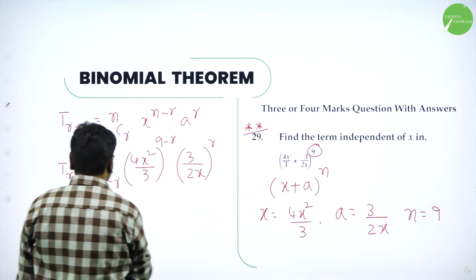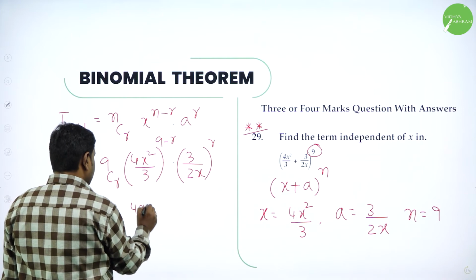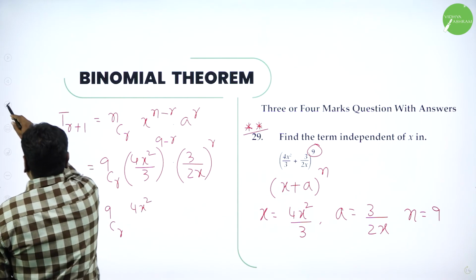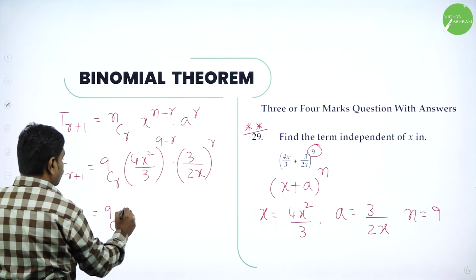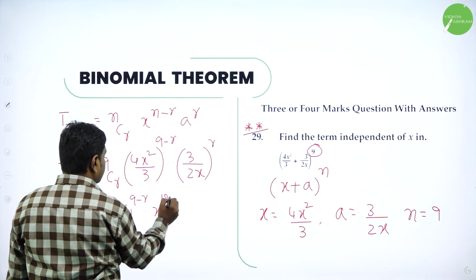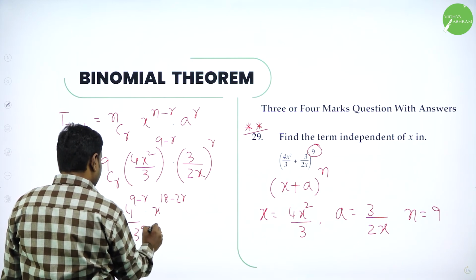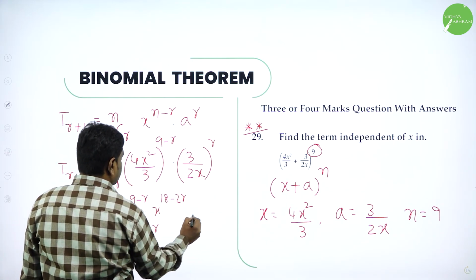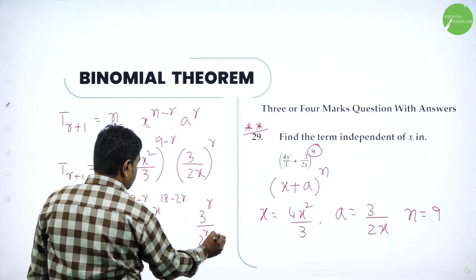Now simplify this. That is 9Cr, with (4x²/3). I'll take the power for each term: 4^(9−r), x^(2×9) which is 18 minus 2r by the law of indices, divided by 3^(9−r), and separately we have 3^r divided by 2^r and x^r.